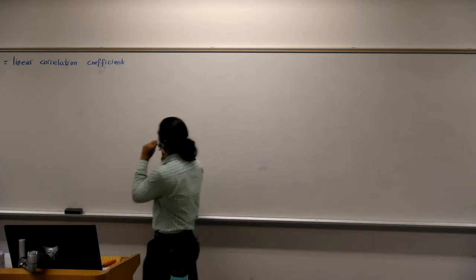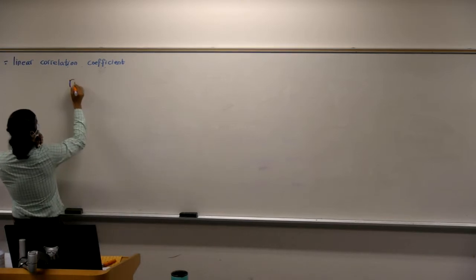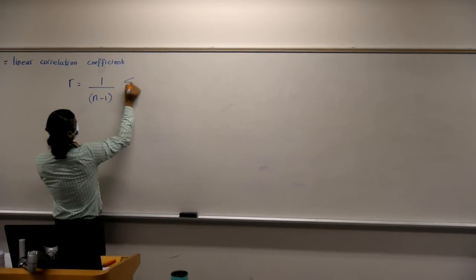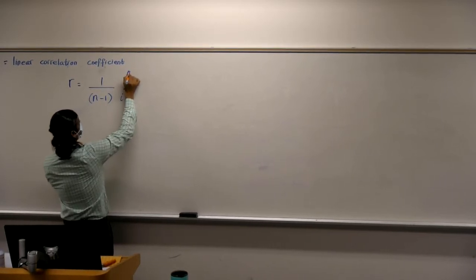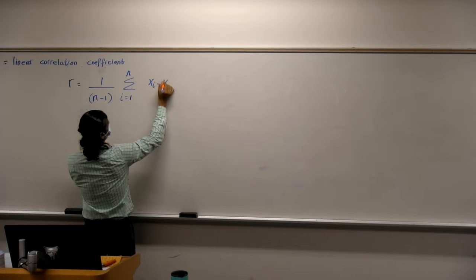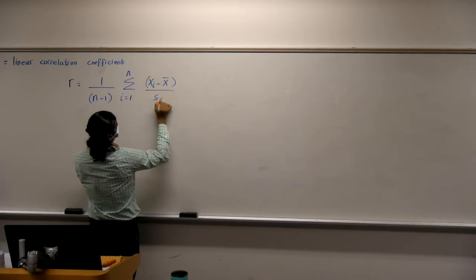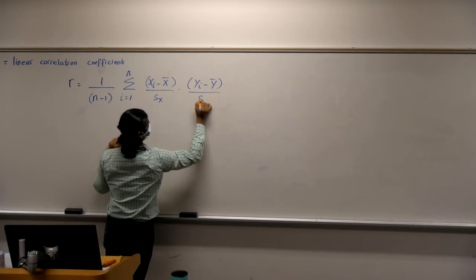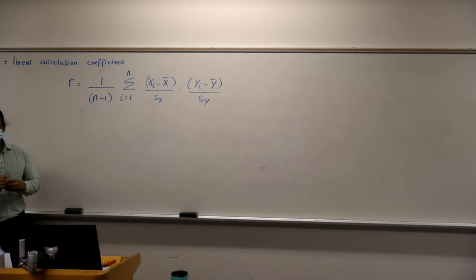Last time I wrote a formula for R, which is 1 over n minus 1. And we wrote a table and did it using a table and such. But I'm going to show you how we can do this using a calculator. This way you can save some time when you do the homework and when you do the exam.